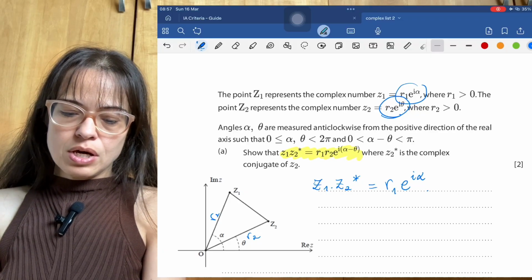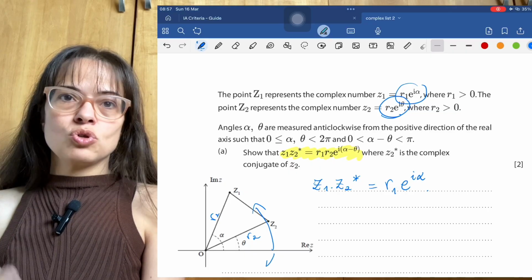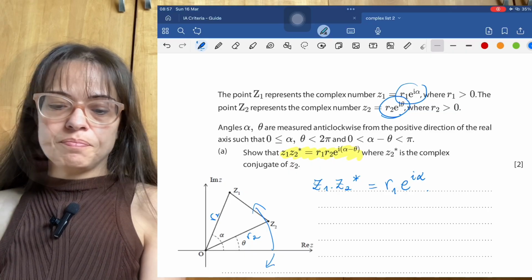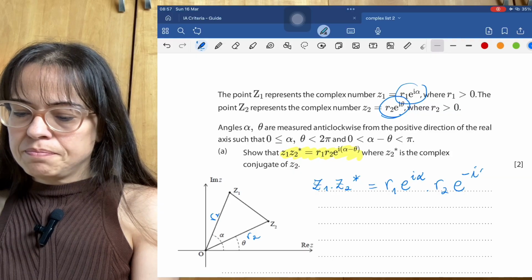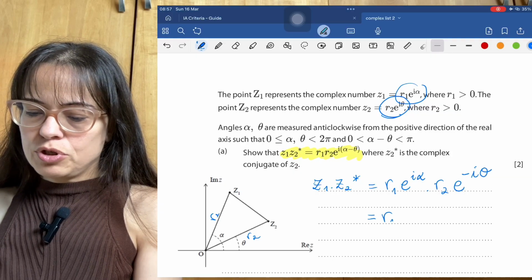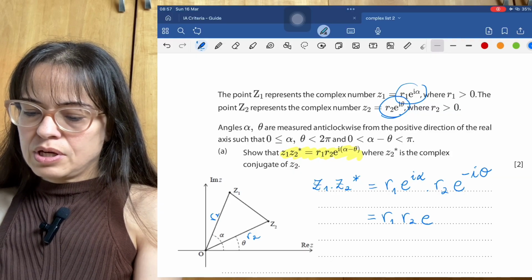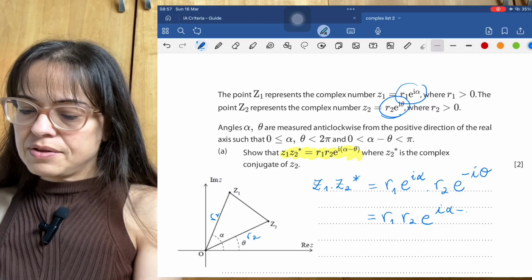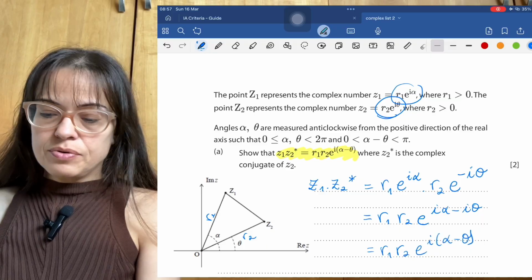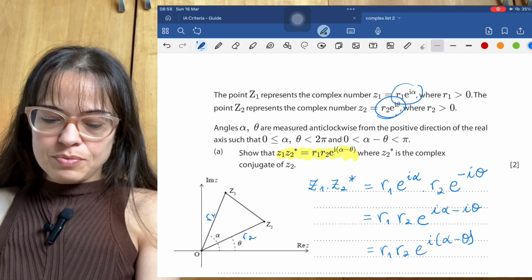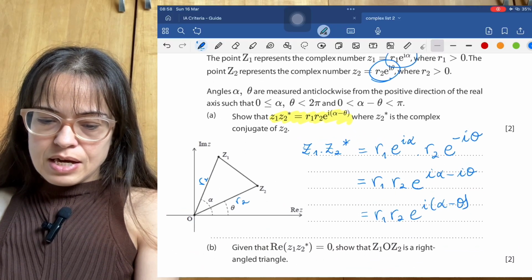Instead of going up, it goes down, so the argument is negative. So times R2 e to the power of minus i theta. Then when I multiply these numbers together, I get e to the i alpha minus i theta, which then is the thing that he wanted it to be. That was a very simple show that question. Let's see what he wants next.